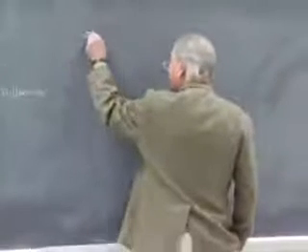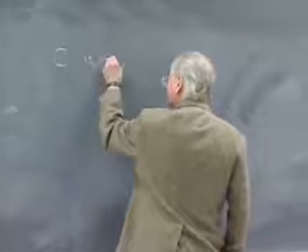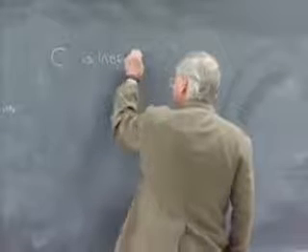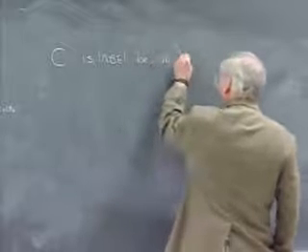I said a moment ago, and I crossed my fingers when I said it, that C is the label that is assigned to the unique axis. The axis that is unique because of symmetry.